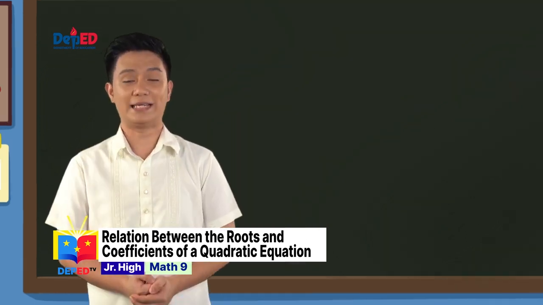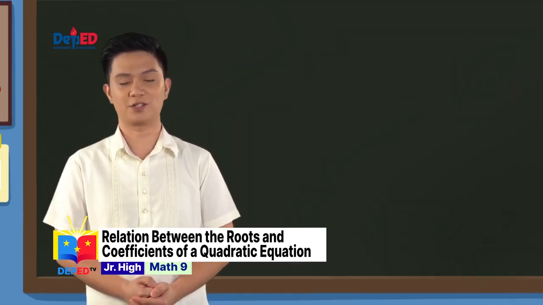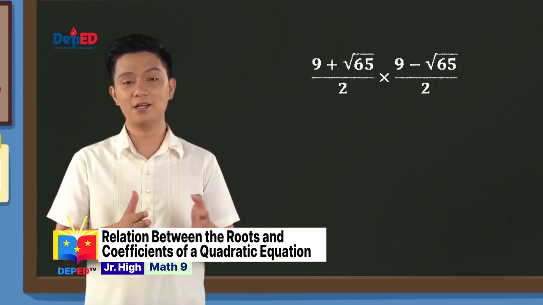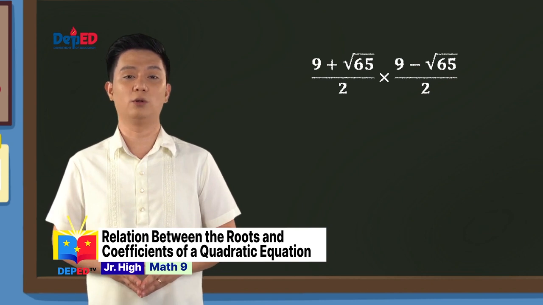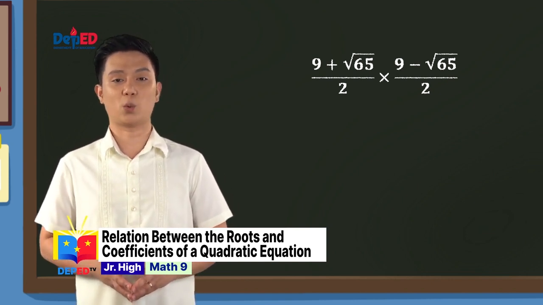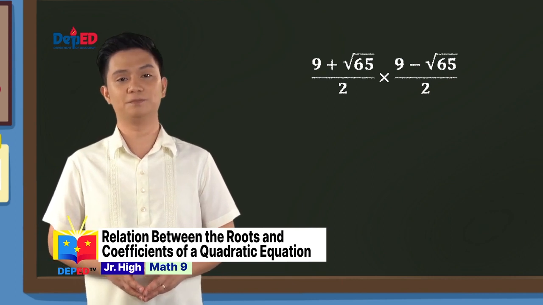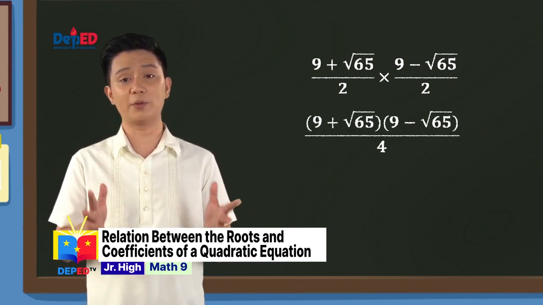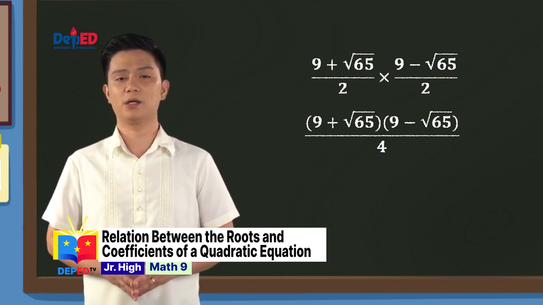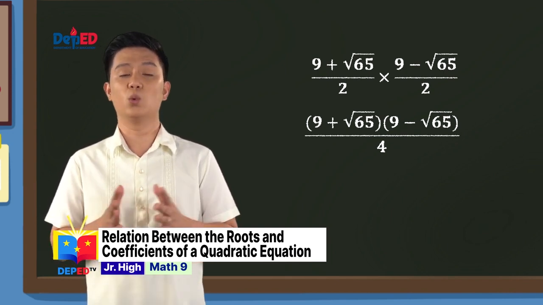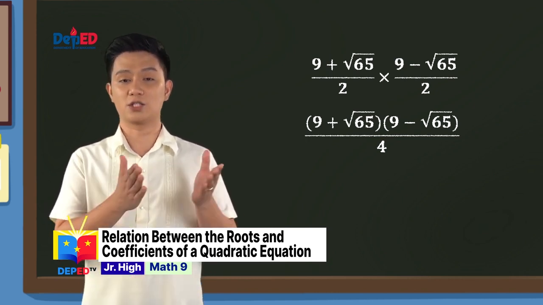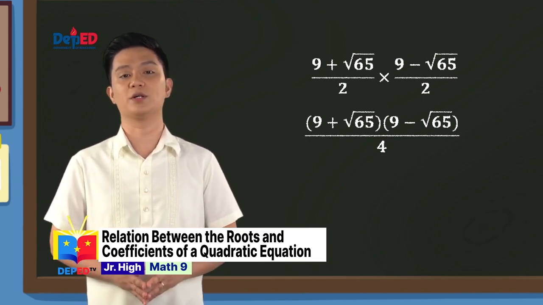Next, we get the product of the roots. For equation number 1, we have 9 plus the square root of 65 all over 2 multiplied by 9 minus the square root of 65 all over 2. We multiply the numerators and we also multiply the denominators. And in multiplying the numerators, we encounter a case of special products, which is the sum and difference of two numbers.